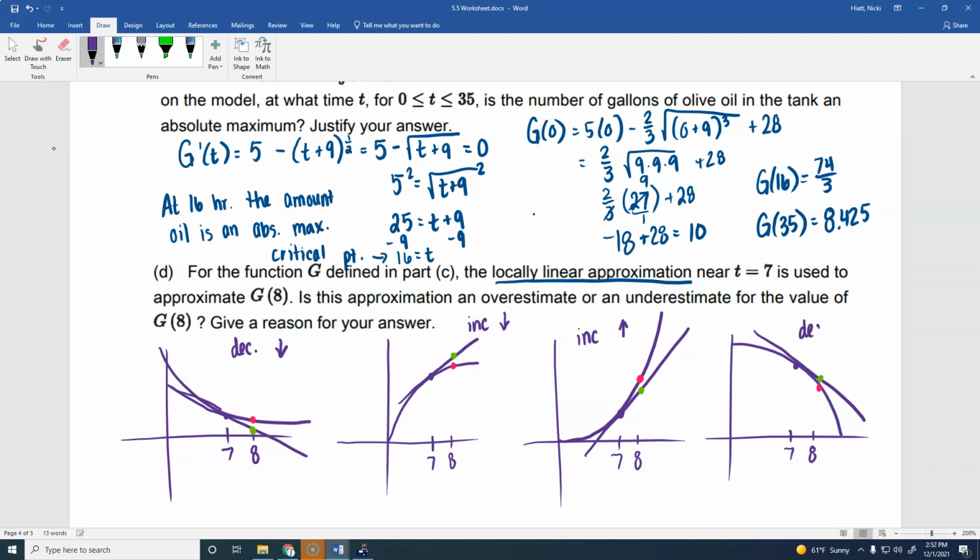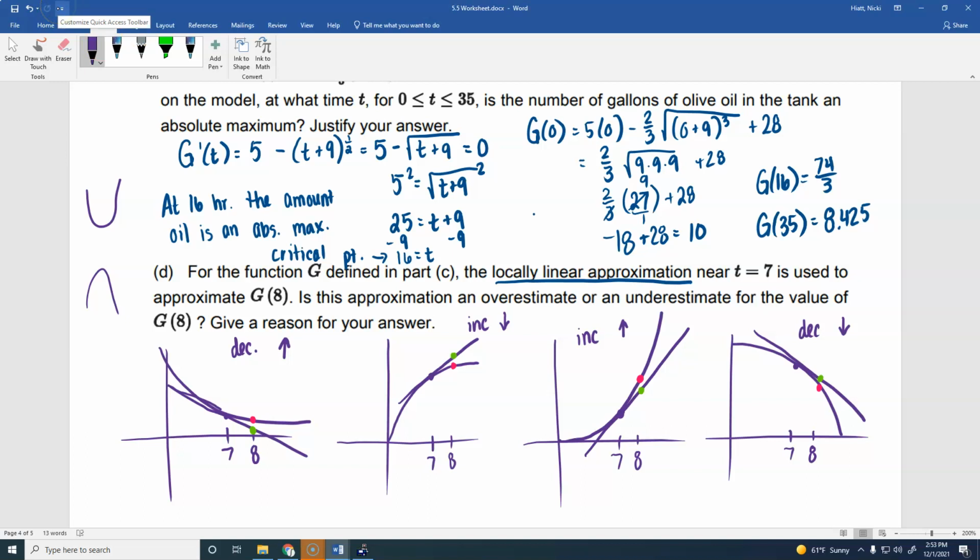You're decreasing and concave down here. Hold on. This is an increasing concave up. Decreasing concave up. Concave up is the curvature. So if it looks like a U, either side of the U is concave up. If it looks like a frown, it's concave down.